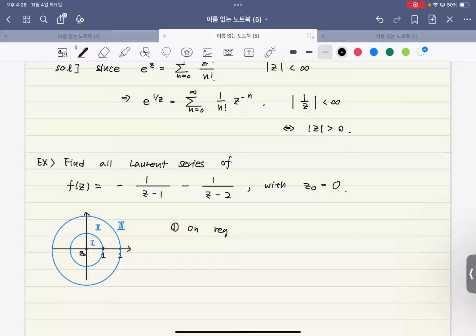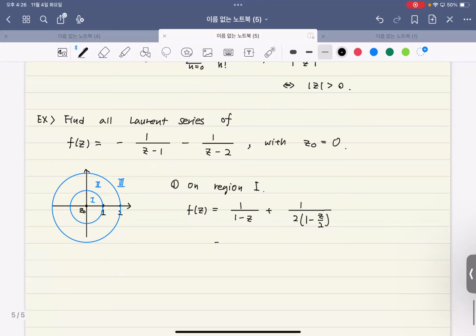So on domain or region number 1, f of z must be 1 minus z plus 2 times 1 over, the sum from 0 to infinity of z^n over 2^(n+1).